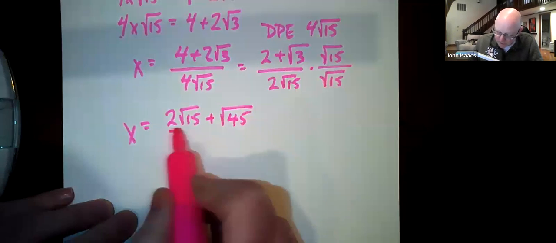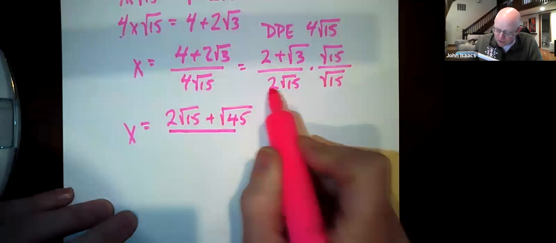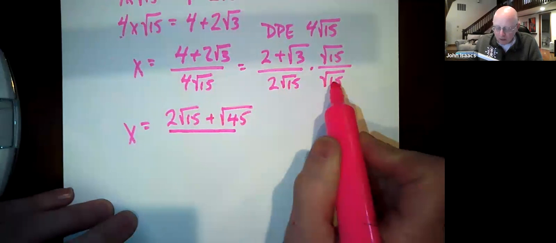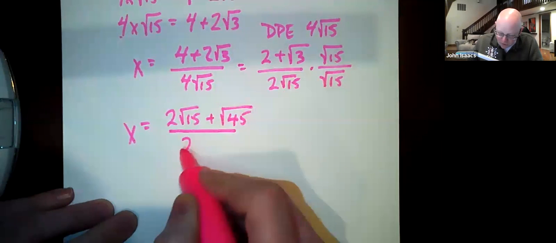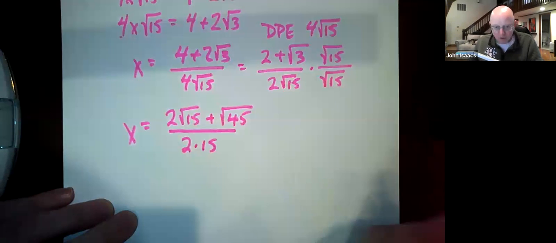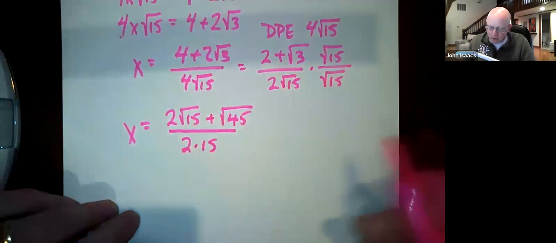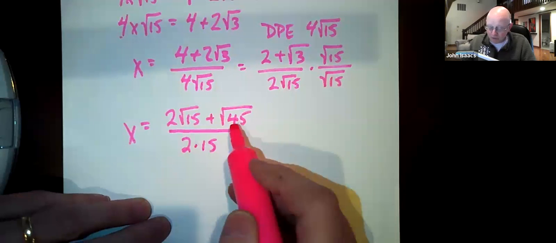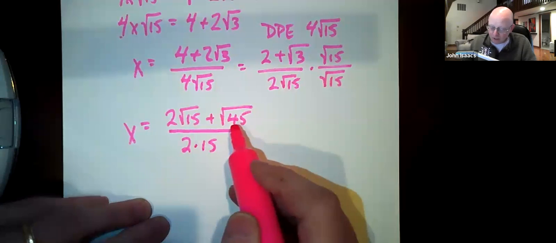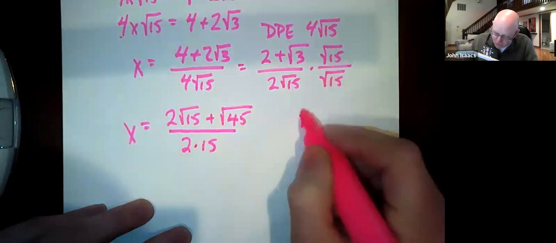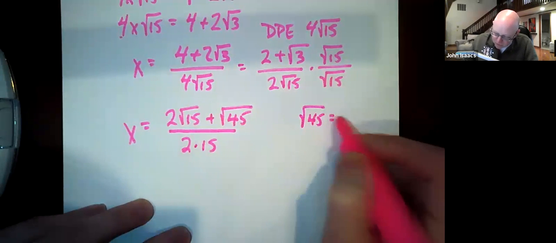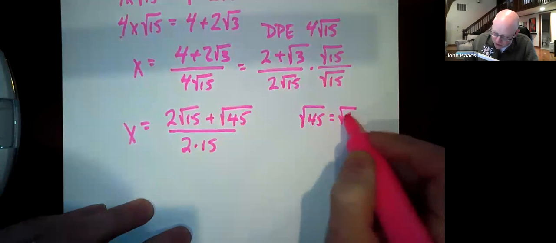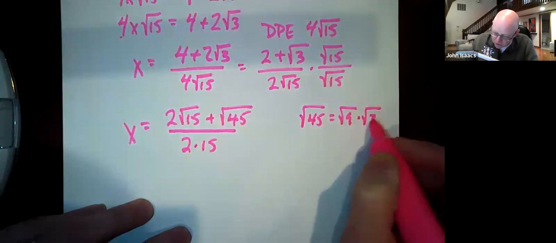That's fine. All over 2 times root 15 times root 15. So that's going to be 2 times 15, which is 30. The 45, the 15 we can't do anything with, but the 45 you can. The 45 has a 9 in it because root 45 is equal to root 9 times root 3.